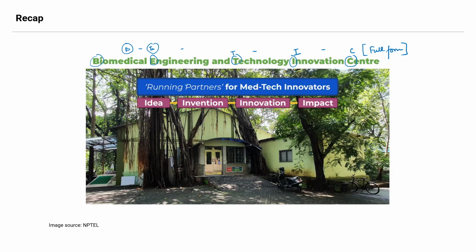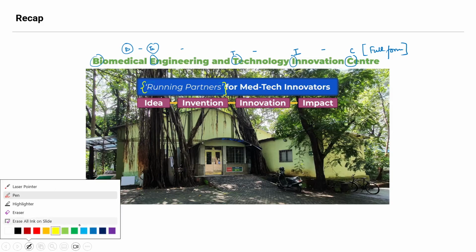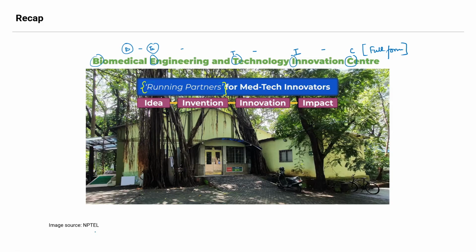So it is like a running partner for medtech innovators. Okay, running partner. Okay, it's clearly mentioned. Okay, it is like a running partner. So see, it's a very subtle thing. It's difficult to identify, but then one has to be observant to even catch these small things.